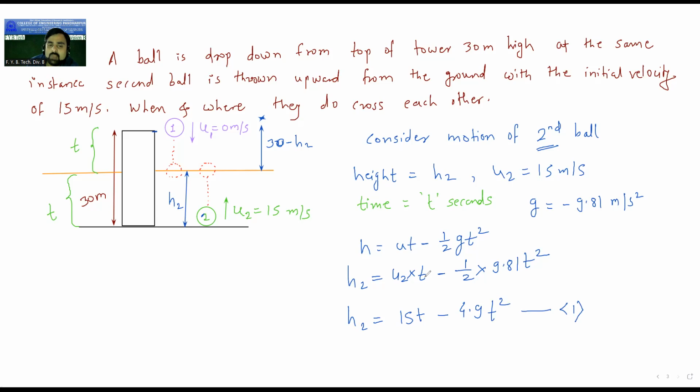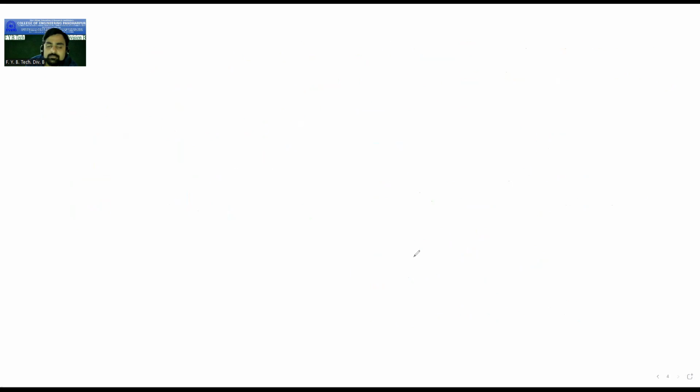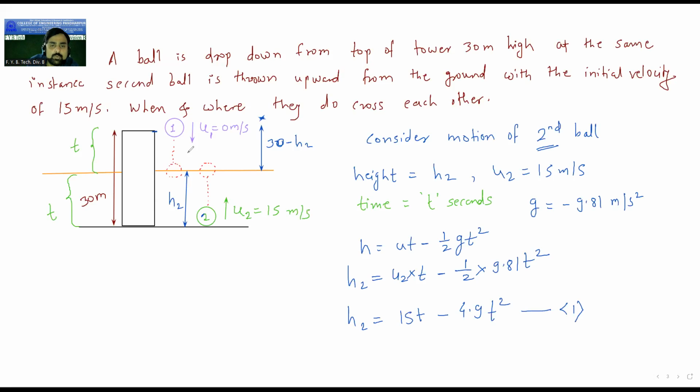Okay, now consider the motion of first ball. Now if I consider the motion of first ball, see this is my first ball. What is its initial velocity? 0. What distance has it traveled?